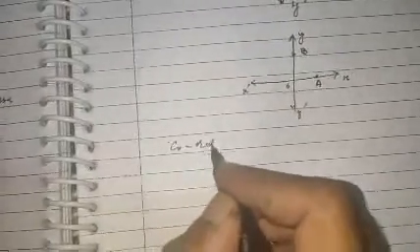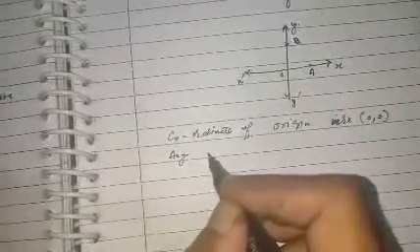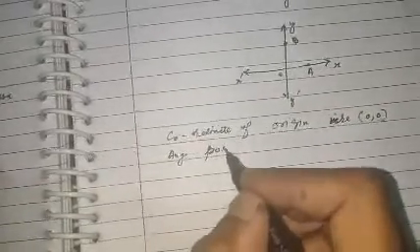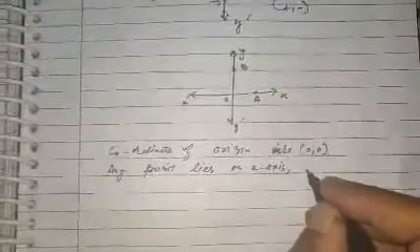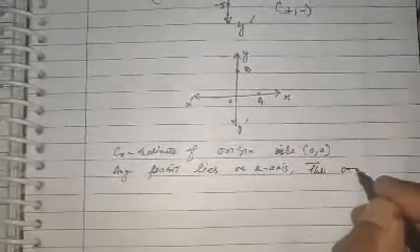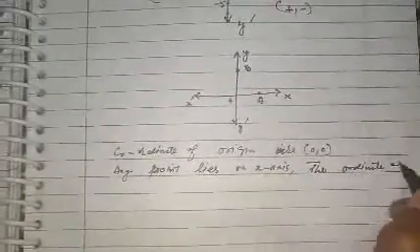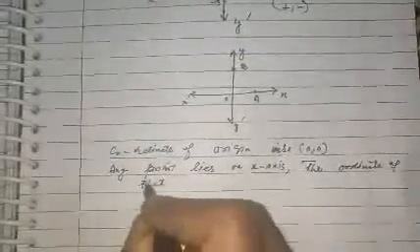Coordinates of origin are 0, 0. Any point that lies on x-axis, the ordinate of that point is 0.